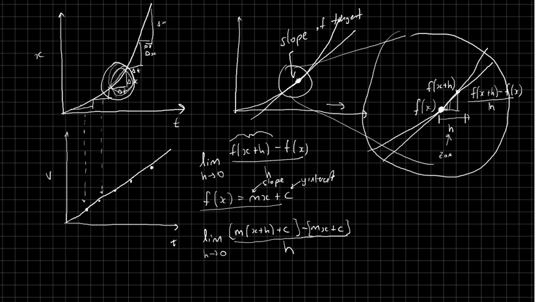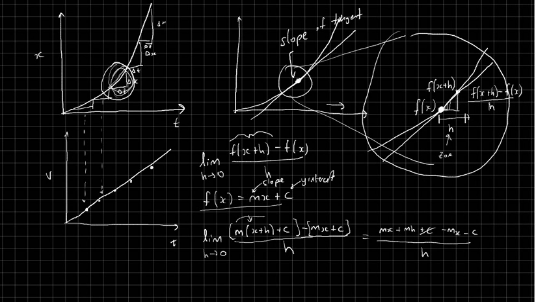If we multiply this out, we get mx plus mh plus c, minus mx minus c. We see that the c's cancel, the mx's cancel, and we're left with mh over h, and we also see that the h's cancel.